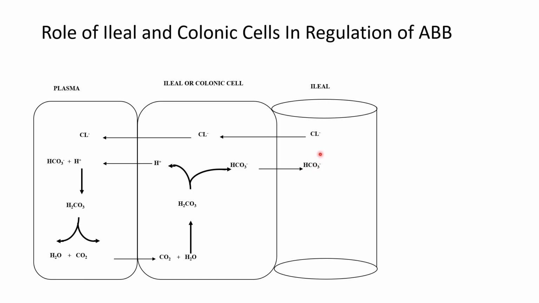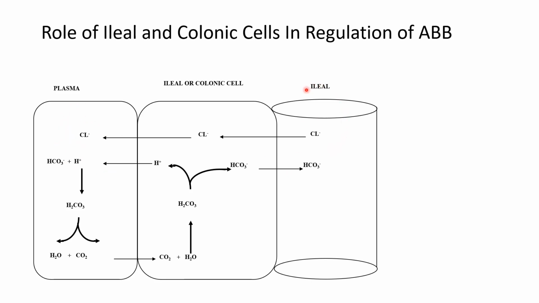Furthermore, it is logical to know that the higher the amount of bicarbonate synthesized in the ileal or colonic cell, the higher the amount of chloride that will be reversed back into the plasma. Therefore, any pathologic condition that leads to an increment in the production of bicarbonate in the ileal or colonic cell will also automatically lead to an increment in the amount of chloride in circulation.